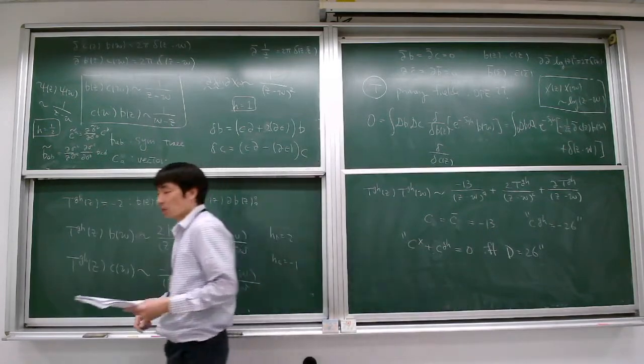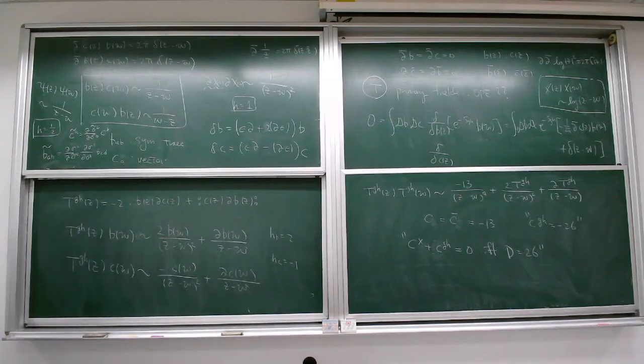Okay, you have a question? Well, I'm just confused. From conformal invariance, if the two-point correlation function is not zero, the two fields should have the same conformal weight, but why is that not true here? It's ghost. That's one of the reasons.